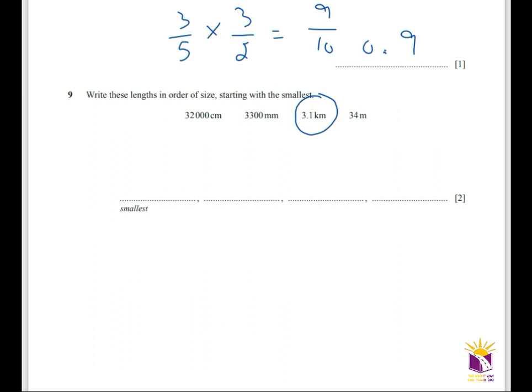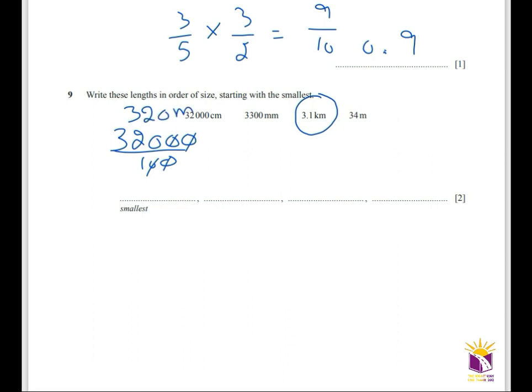For conversion of centi into meter, we are going to divide it by 100, and it will be equal to 32000 divided by 100, which is 320 meters. So the first one is 320 meter.